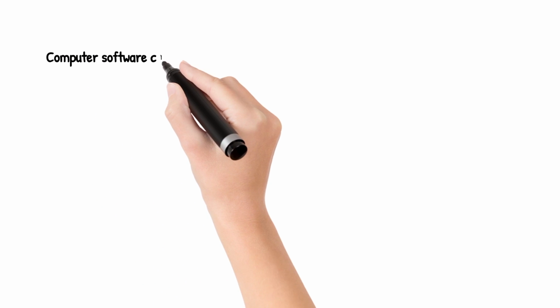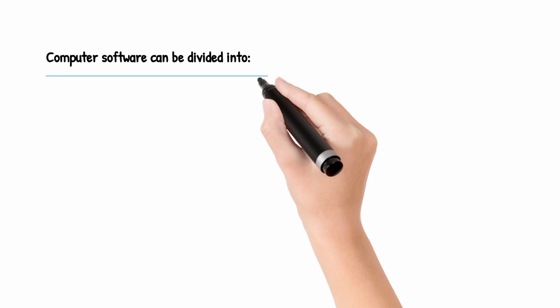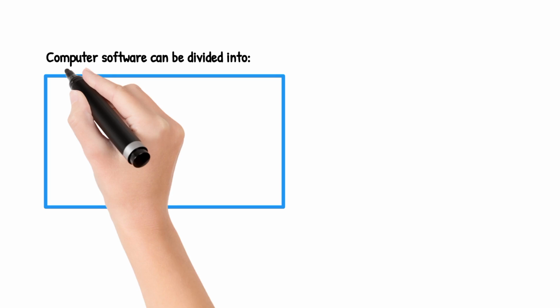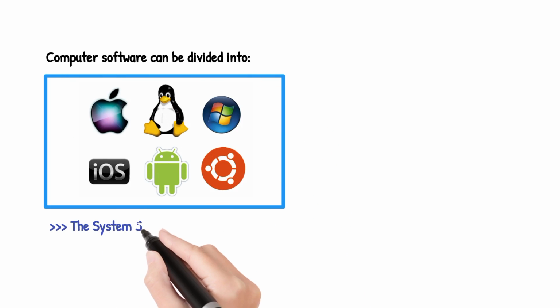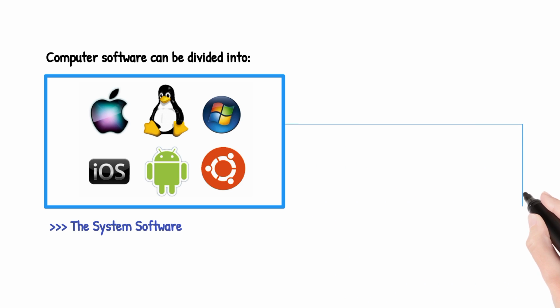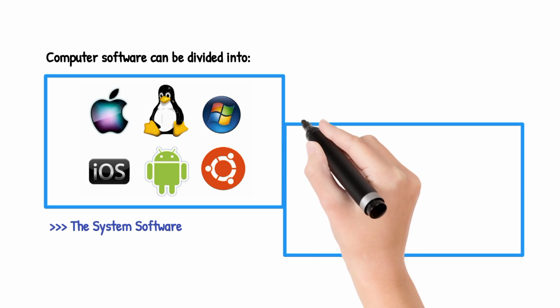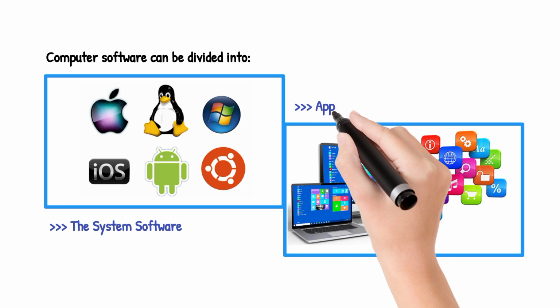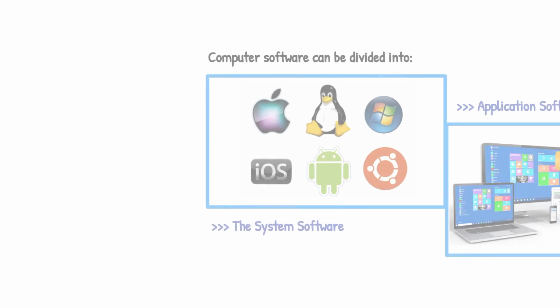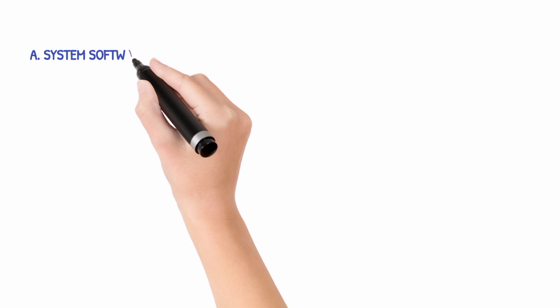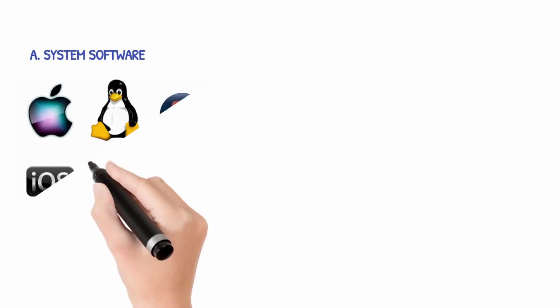The computer software can further be divided into two types. One, we have what we call the system software, and secondly, we have what we call the application software. Let's jump into details to talk about these two types of software, and we are going to start with the system software.